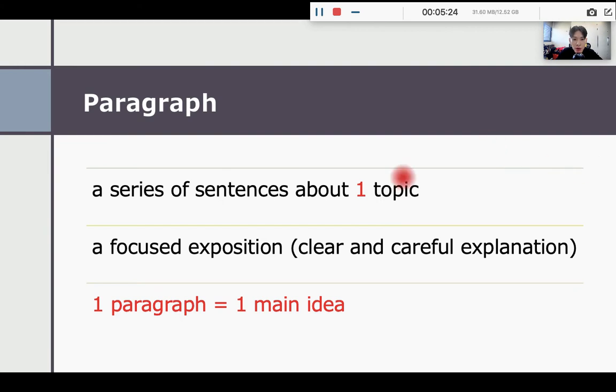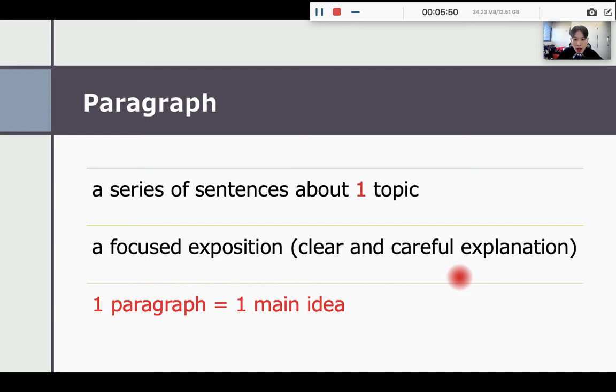So what is a paragraph? A paragraph is a series of sentences about one topic, which means you will read about 7 to 8 sentences on one main idea, which means this is a focused exposition on a topic. So what is an exposition? An exposition means a clear and careful explanation.